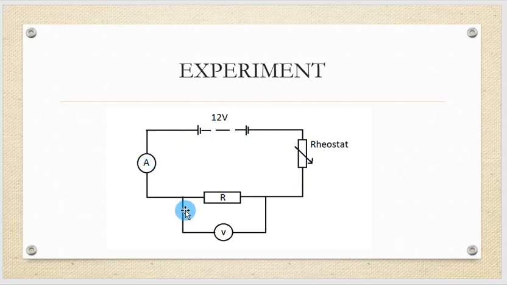Remember, it cannot go this way because a voltmeter is made in such a way that it has very high resistance, so we can simply say the current that can pass through a voltmeter is negligible. Otherwise, almost all the current from the battery will pass through the resistor. So the function of the ammeter is to measure the current passing through the resistor, and the voltmeter is connected across the resistor.